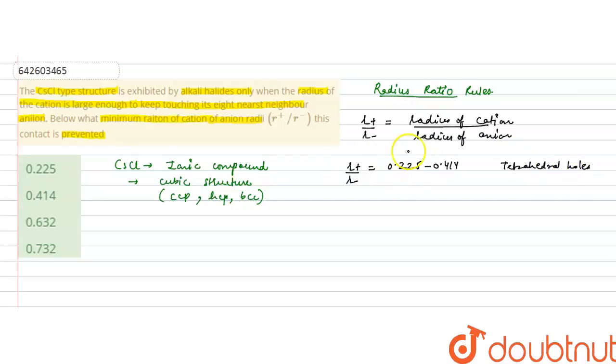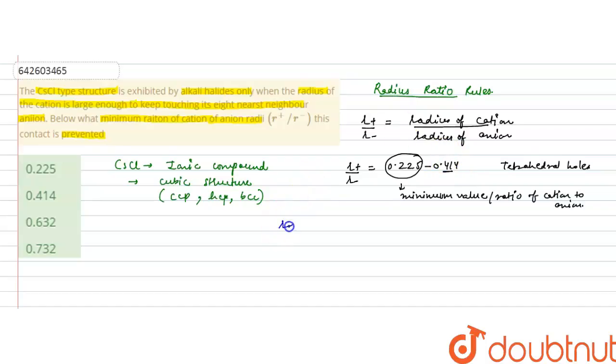And this 0.225 is the minimum ratio of cation to anion up to which the cation is just in contact with the anion, and this 0.414 ratio is when they are completely or compactly attached with each other.